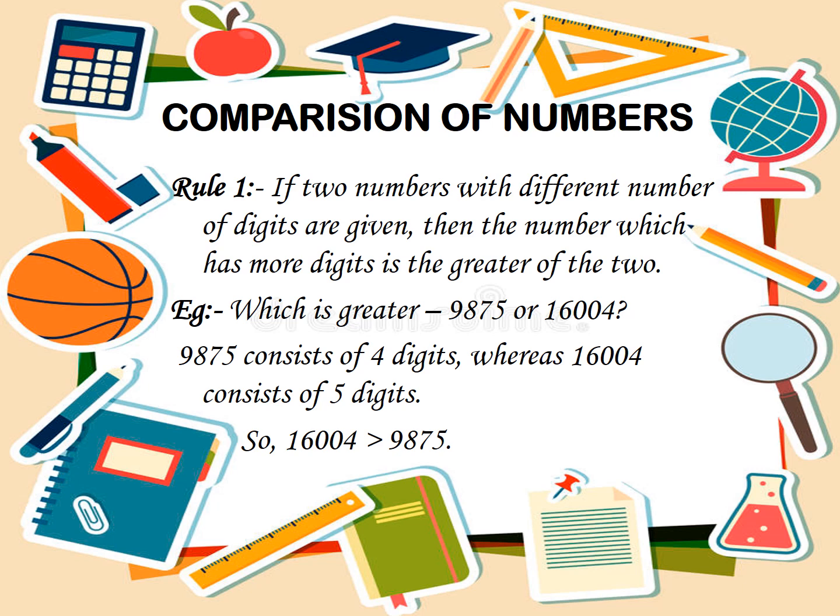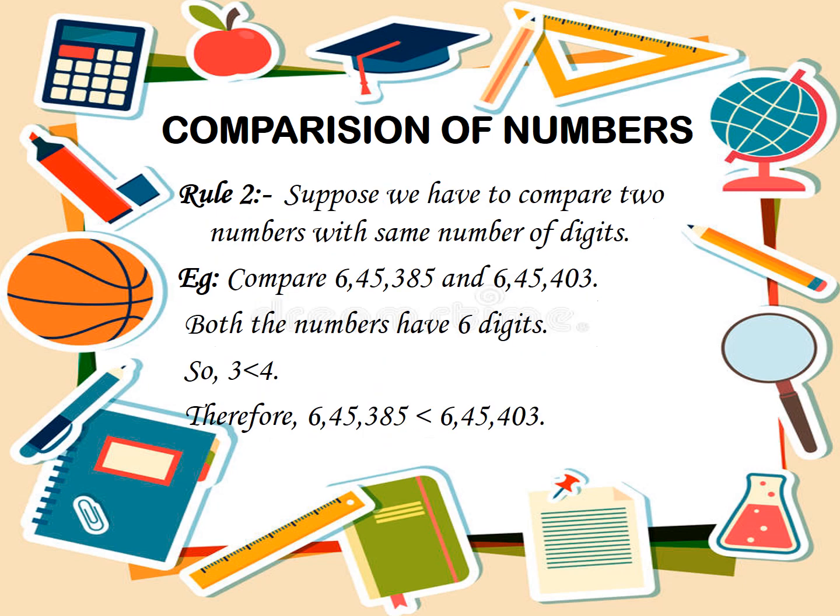In this, it is very clear that 9,875 has fewer digits, whereas 16,004 has more digits. So you can easily identify which one is the greater.